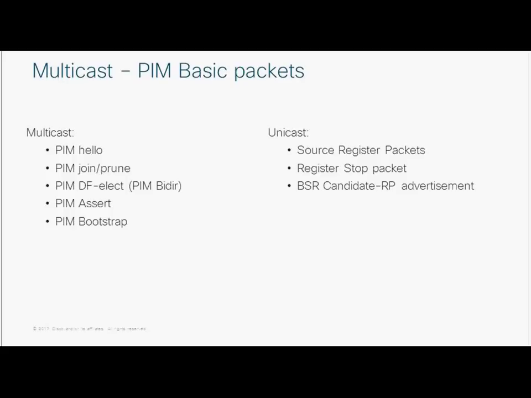Okay, now multicast is based, well, at least in layer 3, multicast is based on the Protocol Independent Multicast protocol, which is the signaling that we use in the network to discover the paths that we will use for the multicast streams.